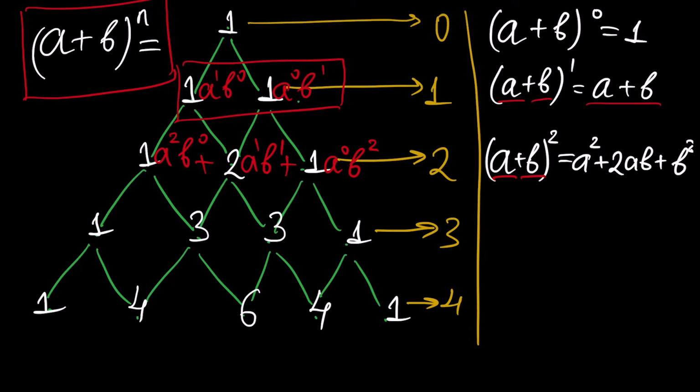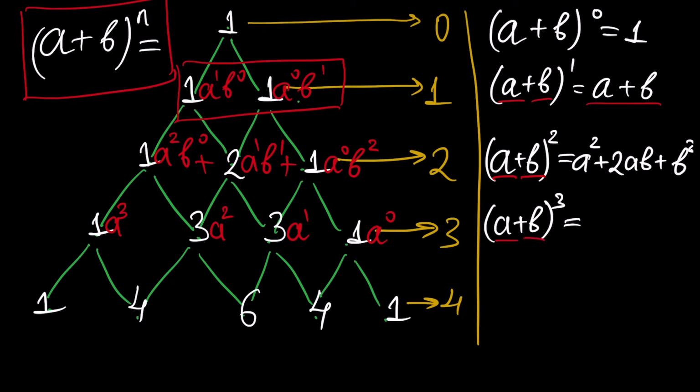Next, (a + b) to the power 3. To write the shortcut formula for this expression, we again use line number 3 of our triangle and write element a as a to the power 3, a to the power 2, a to the power 1, and a to the power 0.